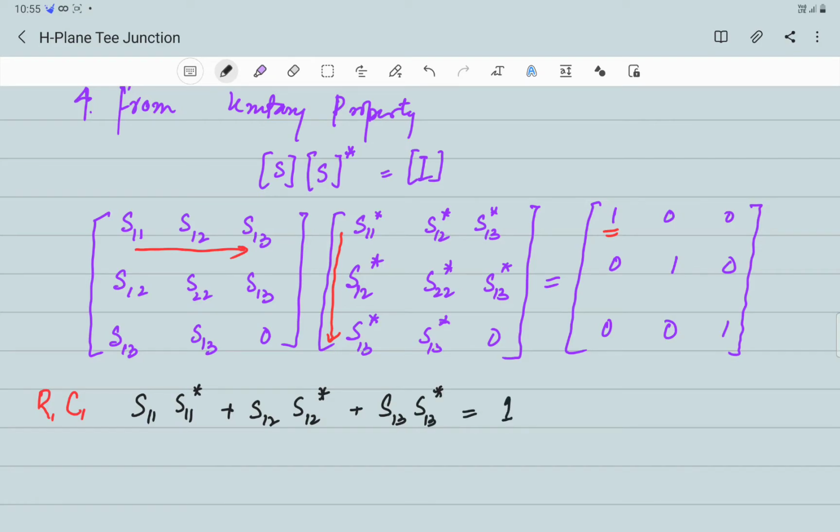If we multiply a complex number by its conjugate, we get the modulus square. So |S11|^2 plus |S12|^2 plus |S13|^2 is equal to 1.